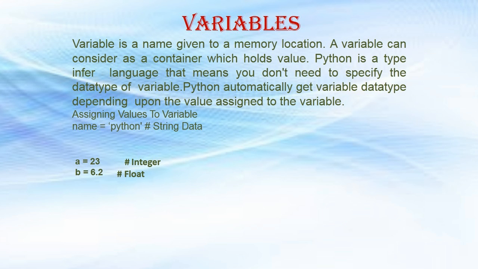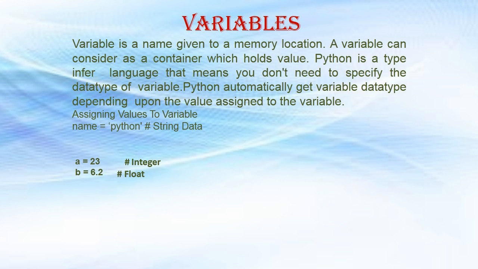A memory location with the name a is like you living in a house. So the value is you, the location is your house, and your address is the identifier. Your location is identified with the address. So here we have a location in which we have the value 23, and this location is identified with a, which means the variable name is a.